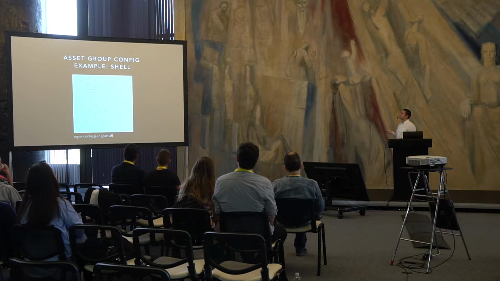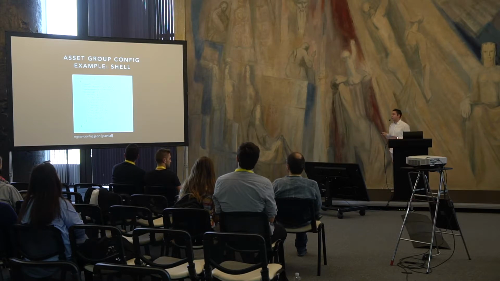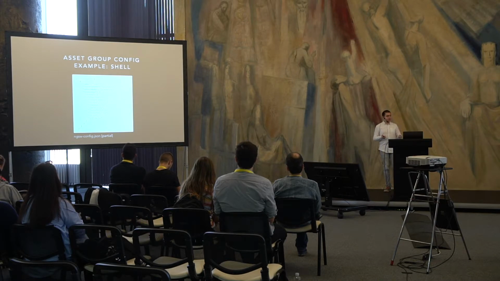And this is an example asset group configuration for an architecture on PWAs called app shells. App shell is a pattern providing the main layout, the core layout for your progressive web app. By providing a core layout for your application, you make sure that you provide an instant application opening experience for your progressive web app, because the files listed here will be fetched automatically on the installation step of your progressive web app.